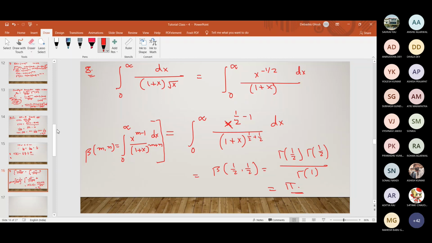I think so. There is a property of that expression, and that can be obtained by substituting something like x equals 1 by 1 plus y. If you take this substitution, you will get this expression.